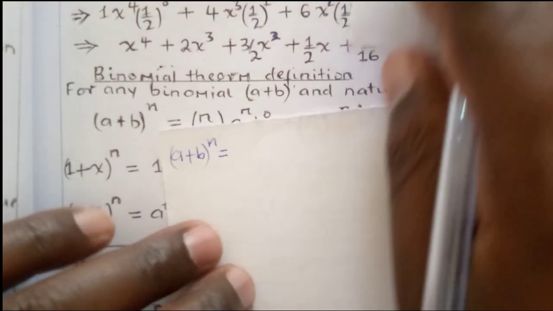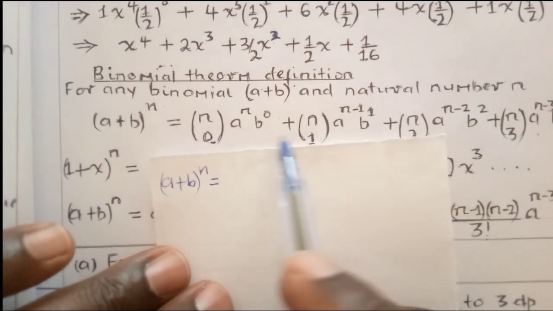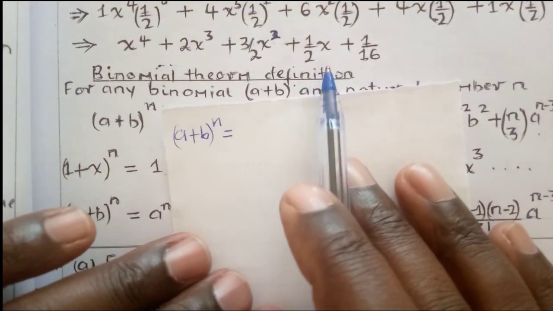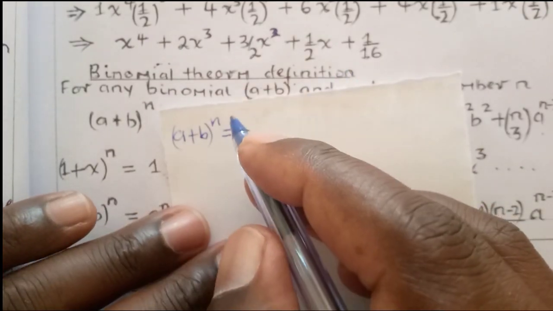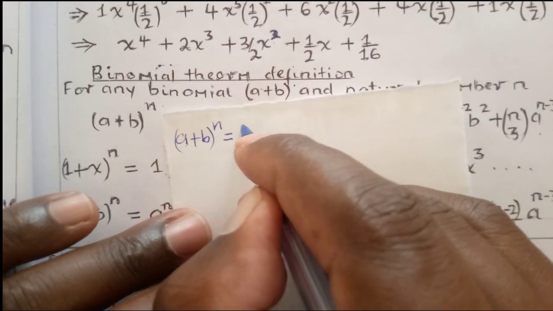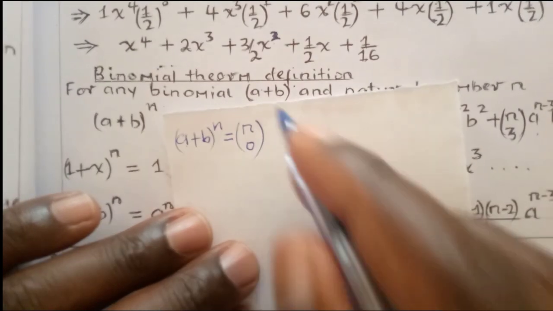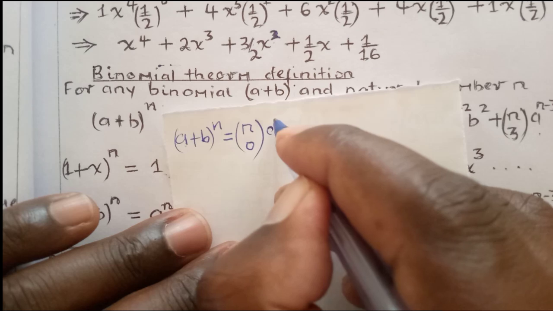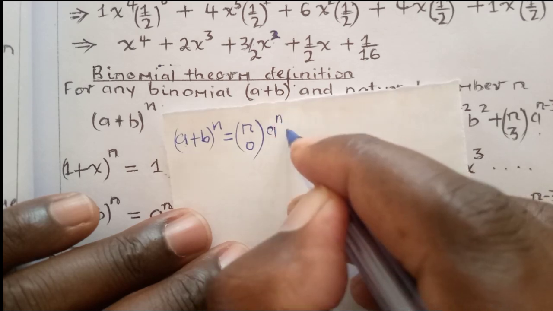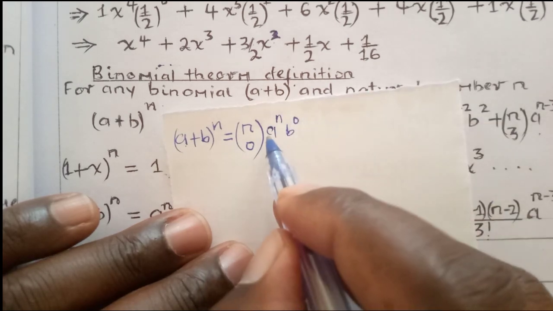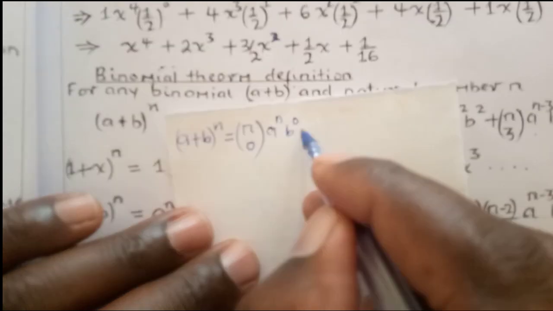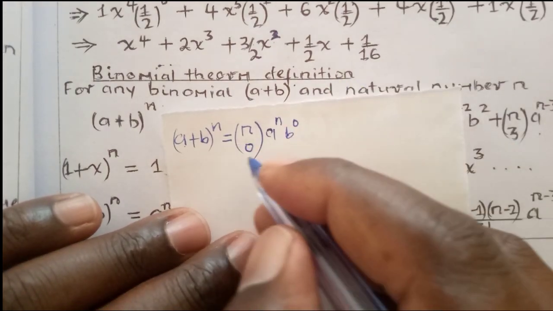So this is the combination we are talking about. And for this one, if you expand to a certain value, for example, we start with C(n, 0) like that. Then we write a raised to n, and b raised to 0. A will go in descending order, while b will be in ascending order up to n.